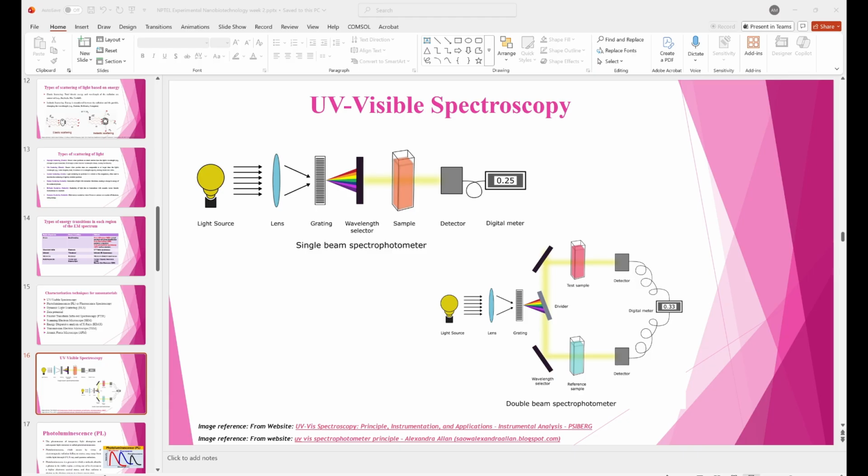So first in single beam spectrophotometer, what you do, you put your reference first. Your reference is basically, suppose you are measuring gold nanoparticles. So your gold nanoparticles are synthesized in water. So you put water in your reference first.